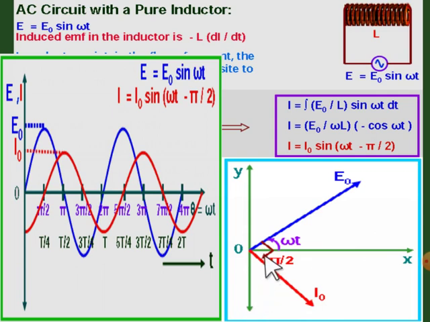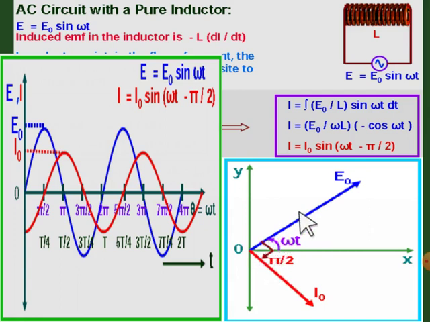Omega t is the phase with the x-axis as reference, for the EMF equal to E naught sine omega t, you know it, no? So this omega t will be there, but your I will be lagging behind by a phase of pi by 2 radian.